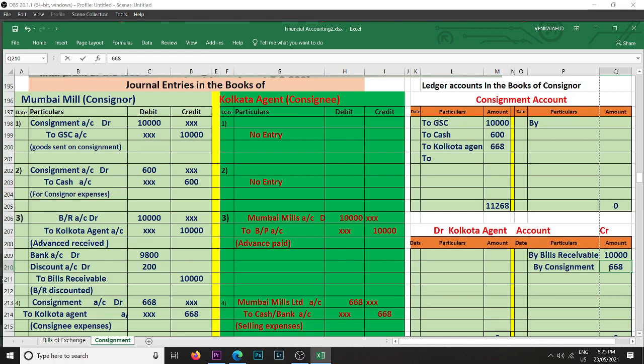That's all. Now we have to calculate. So the balancing figure will be 12,203, to profit and loss account.